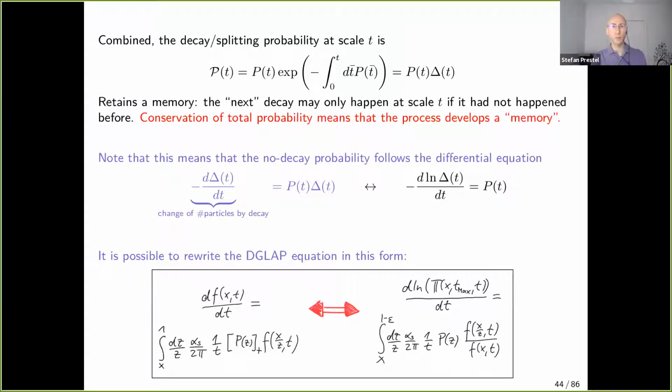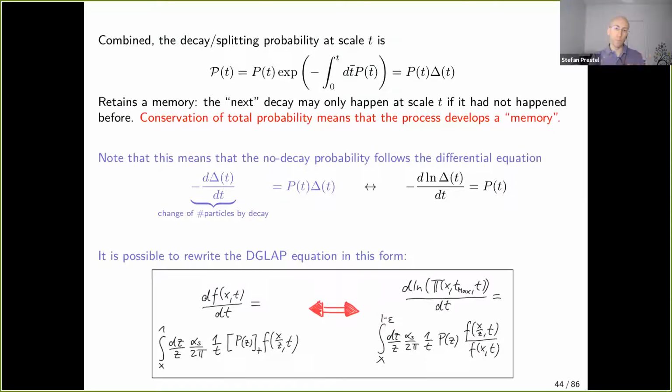So conservation of probability means that these decay processes, in a sense, have a memory. This is not something that we could use our previous algorithms for, because they'd always reject proposals and then start fresh without knowing anything about the rejection that you've just done. So we'll see in the following how to fix that with a thing called the veto algorithm.